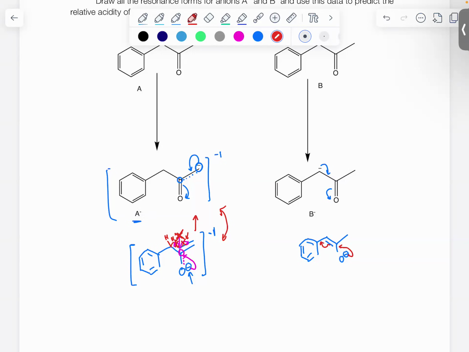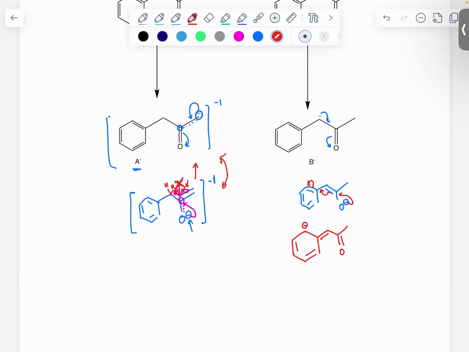I can push these here, and now I can delocalize into the benzene ring. And I can keep shuffling those electrons around the benzene until we get eventually back to the start.